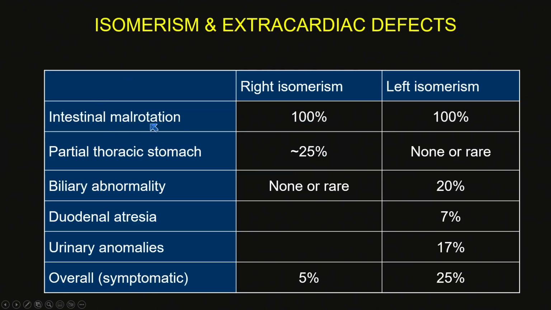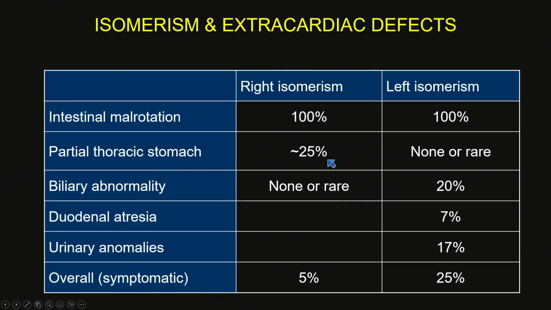Then, this is a condition we always counsel. So the non-cardiac abnormalities: right isomerism and left isomerism, they have intestinal malrotation. Doesn't necessarily mean that there will be a complication about this, but the gut is not normally oriented and rotated.